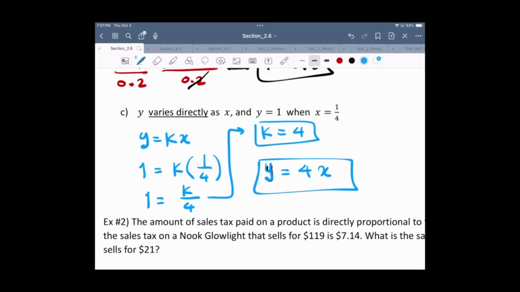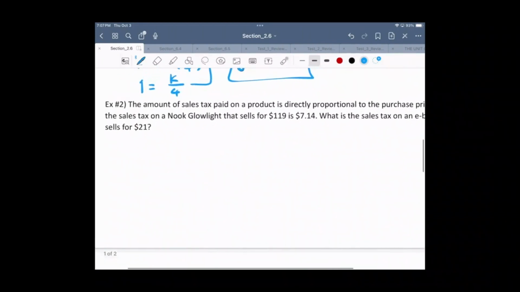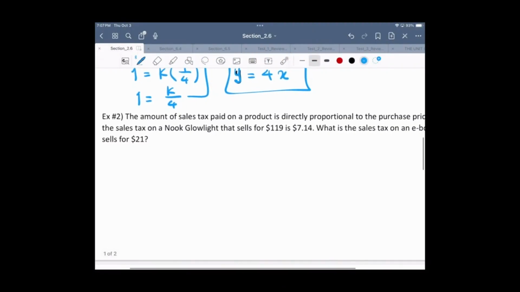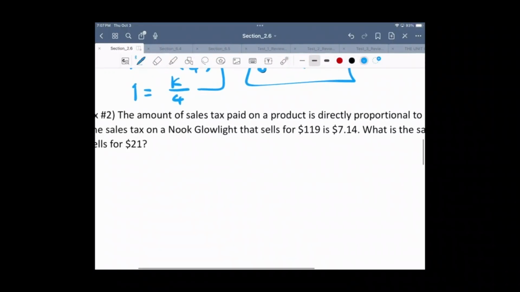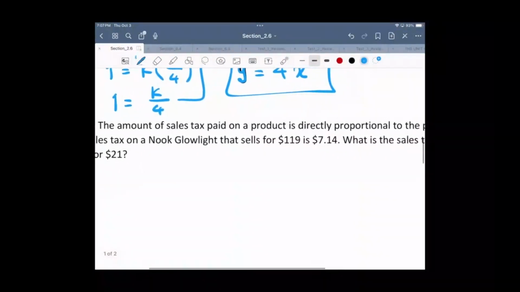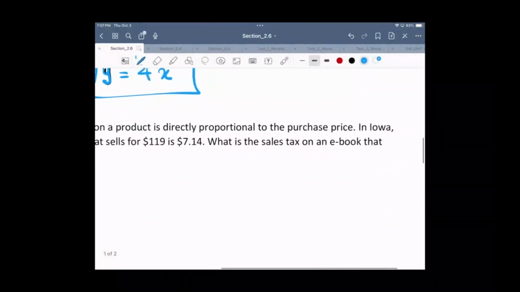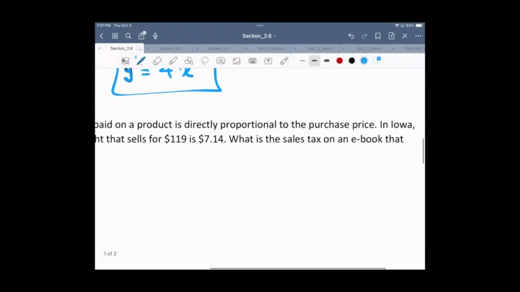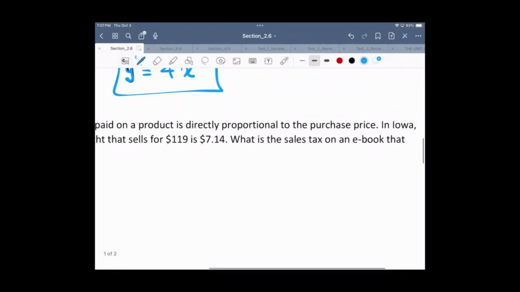Okay. So now after all this, let's have a look at a real world situation where we can make use of constant of variation. So here it says the amount of sales tax paid on a product is directly proportional to the purchase price. We know that to be true, right? The higher the purchase price, the higher the sales tax.